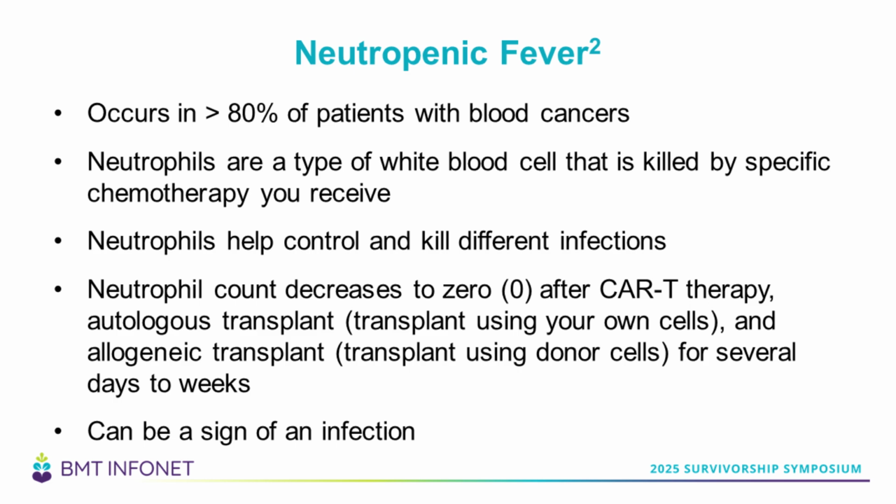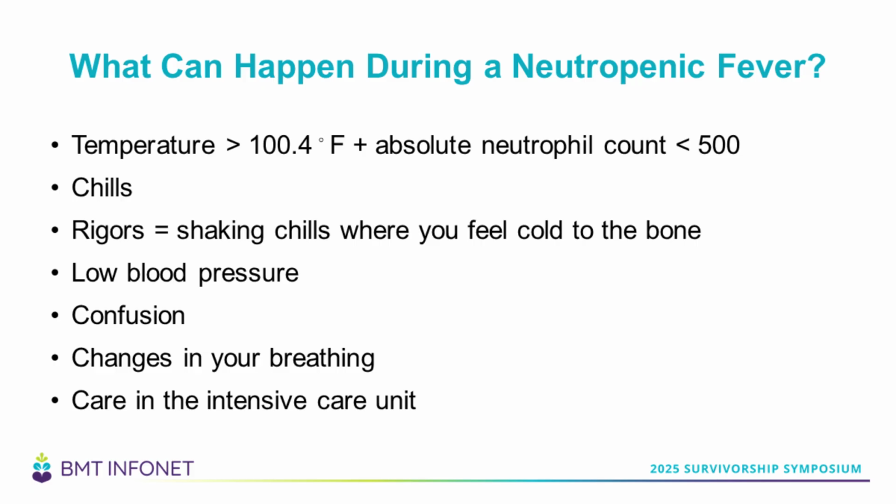And having a fever can be the only sign of infection during this time. So what can happen during a neutropenic fever? Well, your temperature will go over 100.4, and on your lab work, your neutrophil count will be less than 500. And as I mentioned before, often 0.